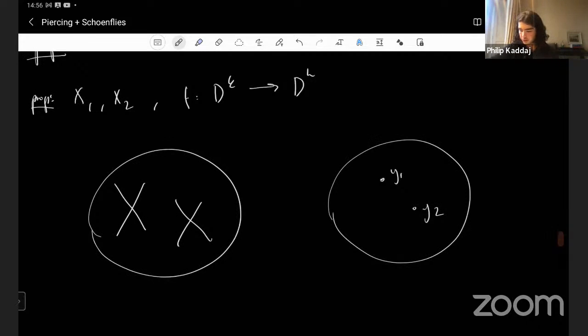And again, quotienting by them is still homeomorphic to the disk.